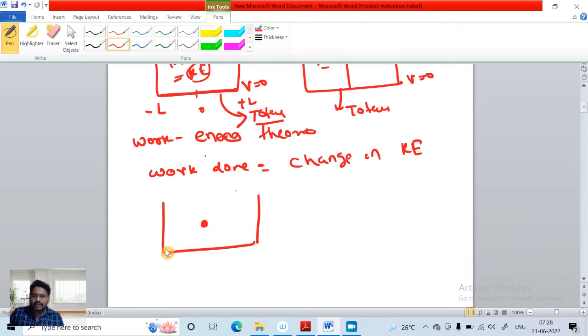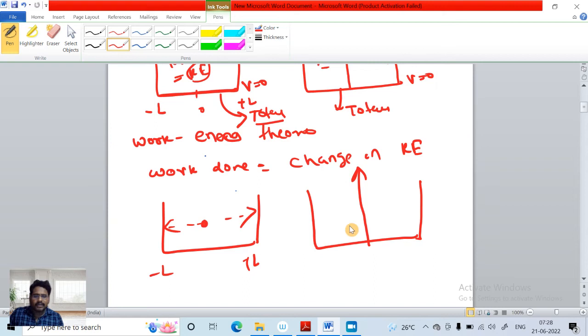That is, the probability of finding the particle is everywhere in this box, from minus L to plus L. But now when you raise an infinite wall at the middle of this infinite potential box, the particle can be either in compartment A or in compartment B. Simultaneously the particle cannot stay in both compartments, because if the potential height is infinite, there is no probability of tunneling from this compartment to the other. So either you can find the particle in this compartment or in that compartment.